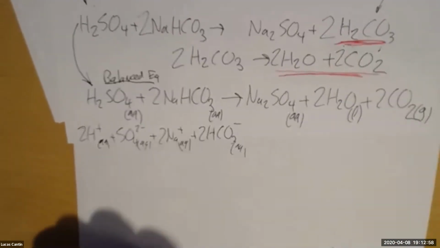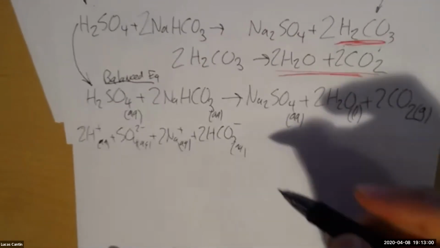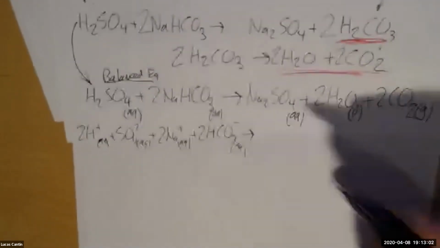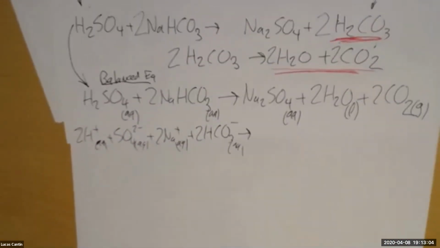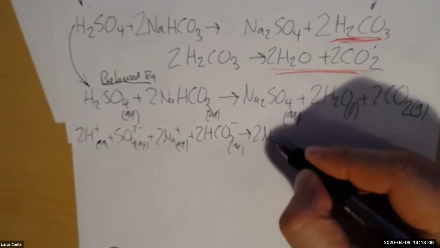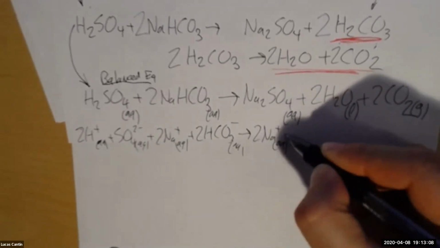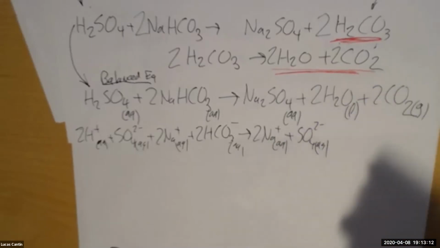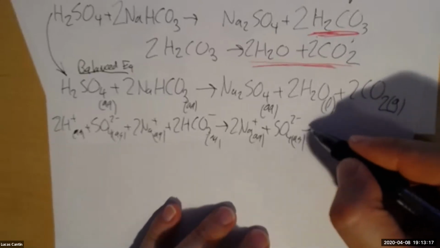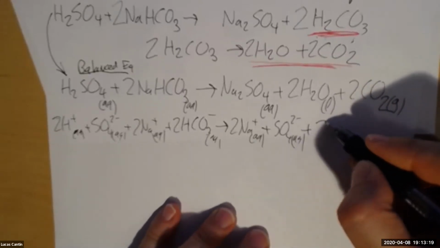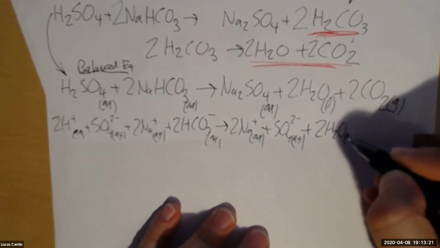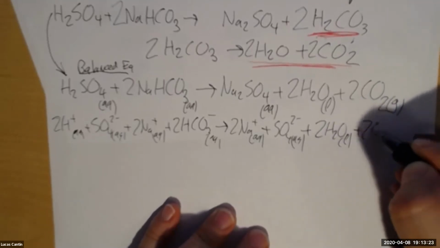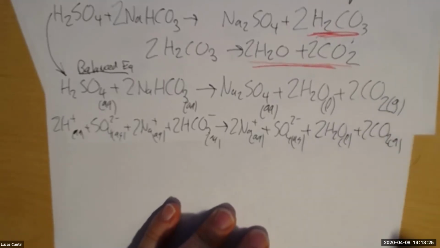And then this one's also aqueous, so that gets broken apart. 2 sodium plus aqueous plus sulfate, 2 minus aqueous. I better write medium sized or smaller. 2 water, liquid, plus 2 CO2 gas.